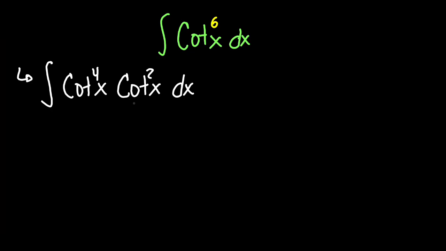And the next step would be to transform the factored out cotangent squared of x into its trigonometric identity. Cot squared of x would be equal to cosecant squared of x minus 1.